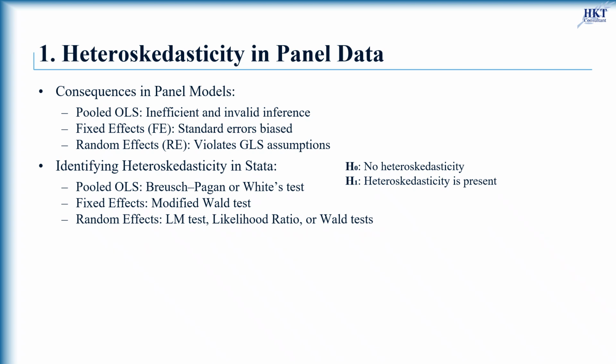Accordingly, if the test result yields a p-value less than 0.05, we reject the null hypothesis and conclude that the model exhibits heteroskedasticity. Conversely, if the p-value is greater than 0.05, we fail to reject the null hypothesis, suggesting that there is no sufficient evidence of heteroskedasticity in the model.